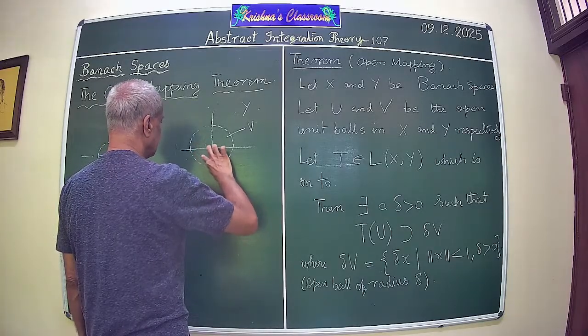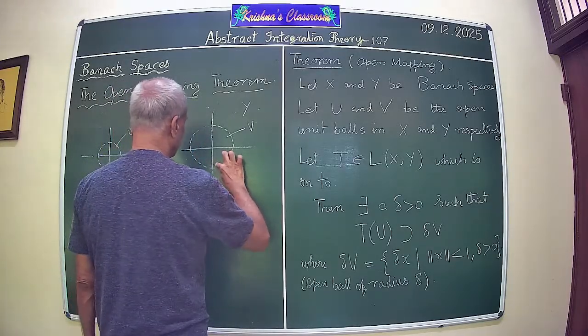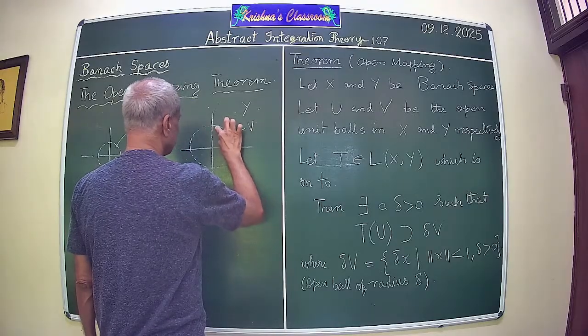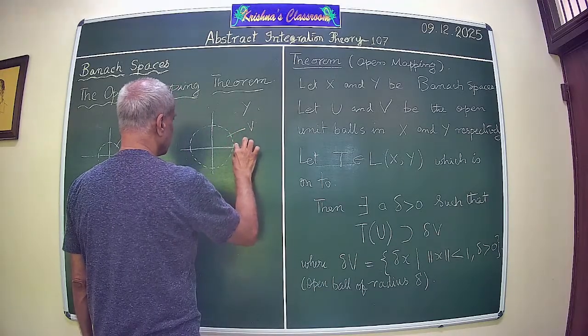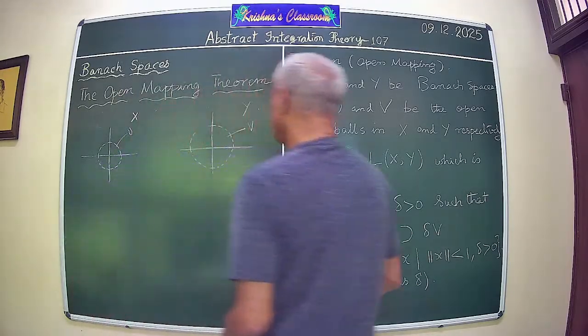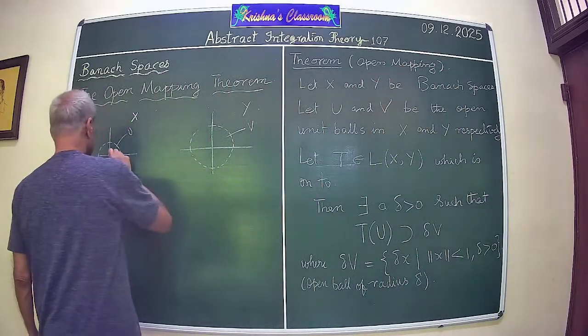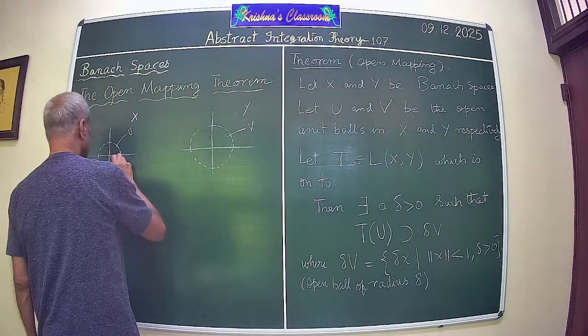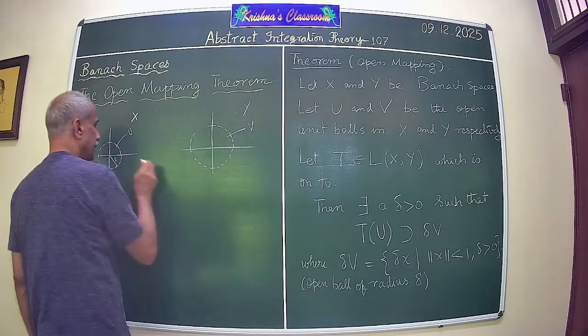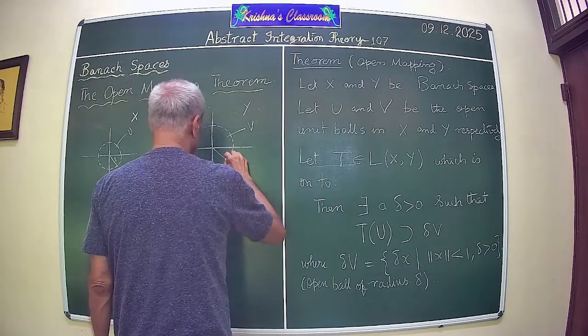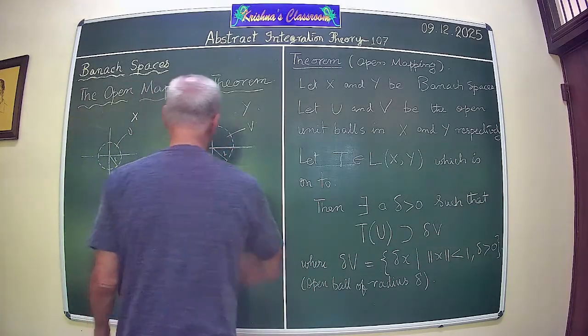It's actually the interior of the closed unit ball. That is V, radius 1, here also radius 1.